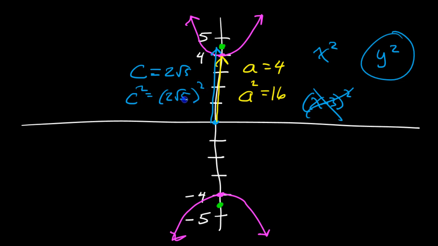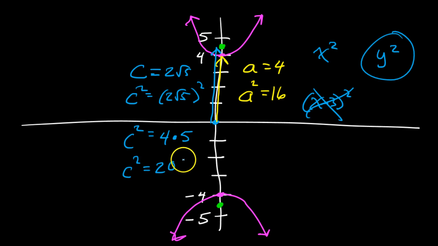So how do I square 2 radical 5? Well, if I square the 2, I get 4. If I square the radical 5, I get a regular 5. So this is really 4 times 5. C squared is 4 times 5, which means that c squared is 20.